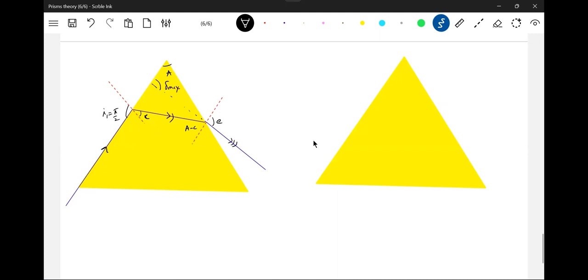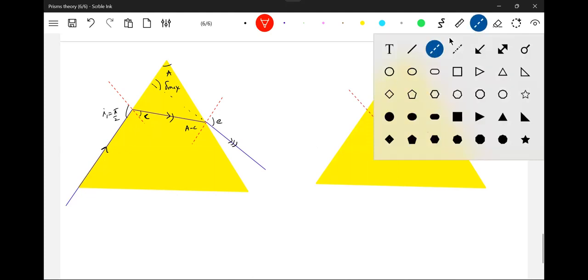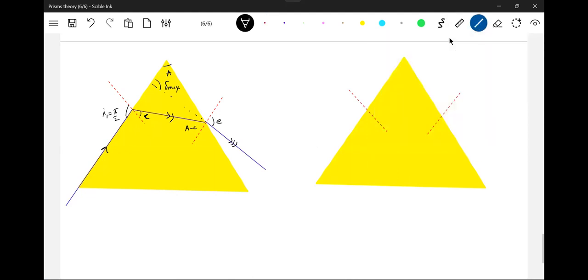Now, what about if the angle of incidence is equal to the emergent angle? This discussion will be very, very important. You see now, this is some emergent angle, and there'll be grazing emergence. That's actually the beauty of this particular topic.